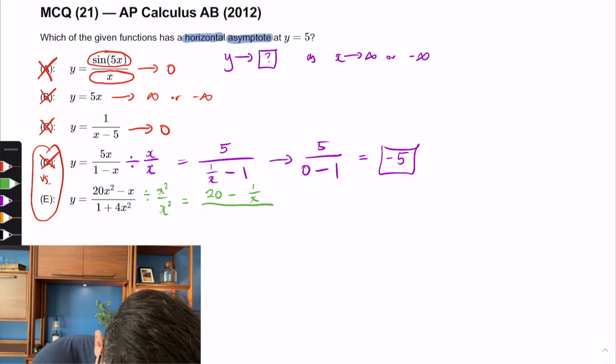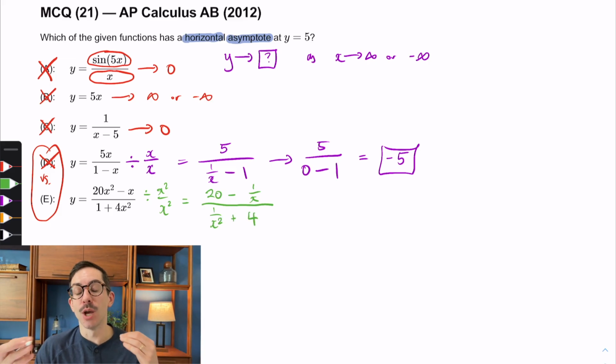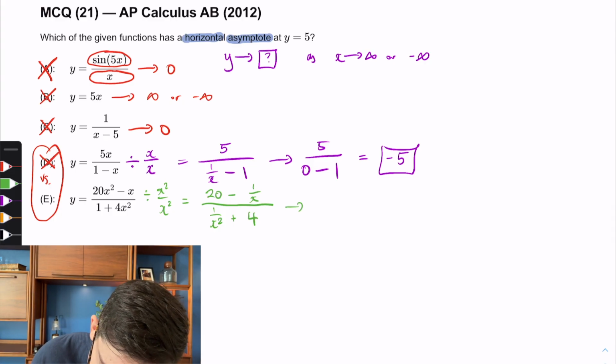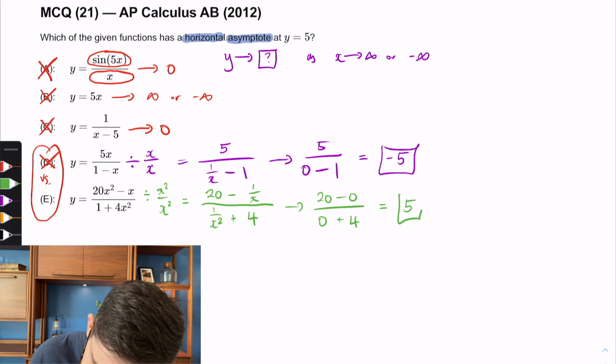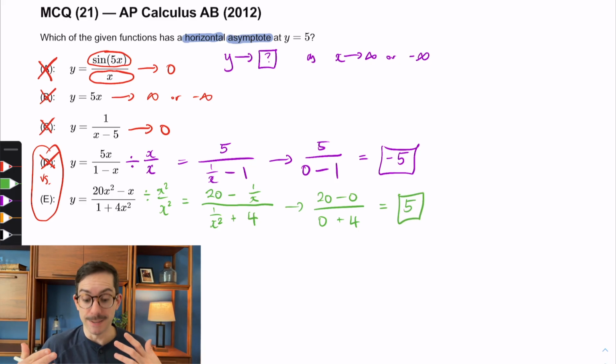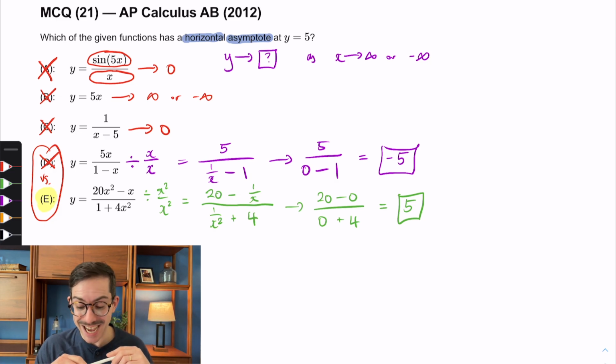The denominator becomes 1 over x squared plus 4. Again, the only x's are now appearing in denominators of simple fractions. So that will tend towards 20 minus 0 over 0 plus 4. If I simplify that, I get plus 5, which is what I want to see. So E is my correct answer.